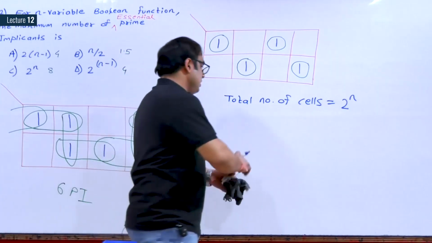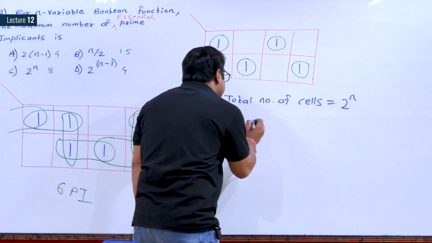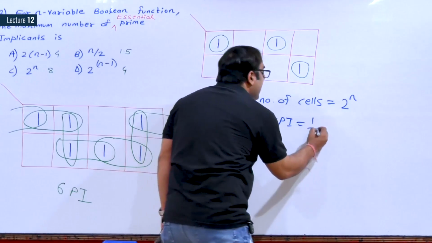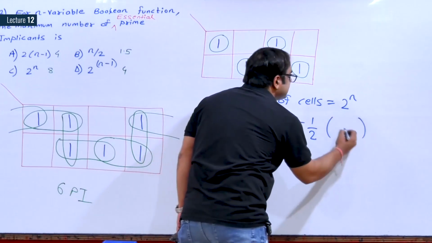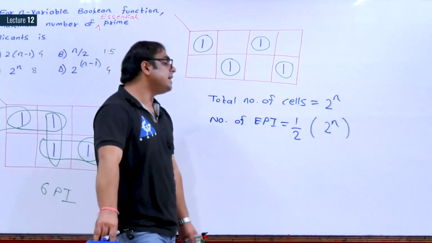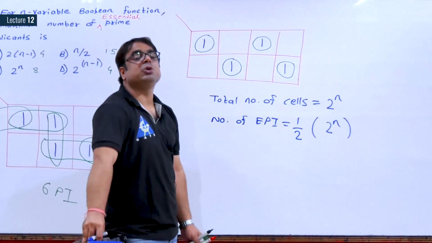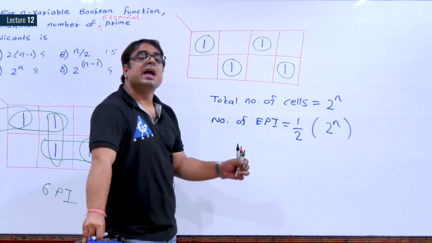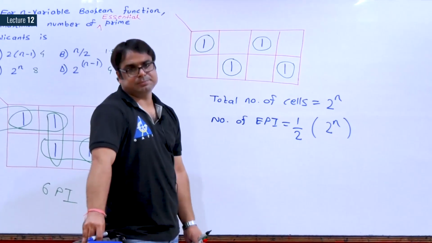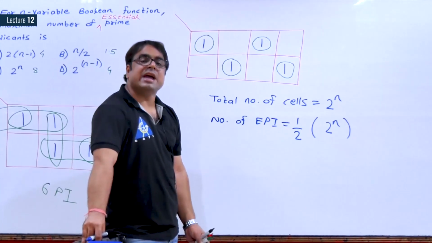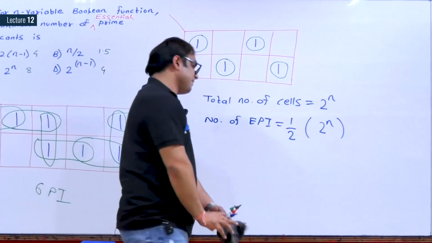It means the number of essential prime implicants will be half of the total number of cells, as we will be filling every alternate cell.